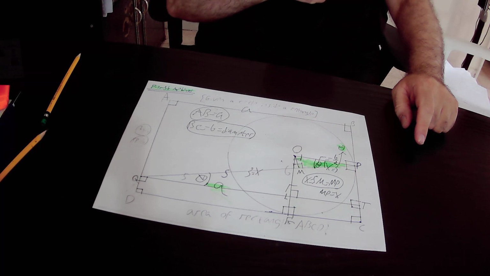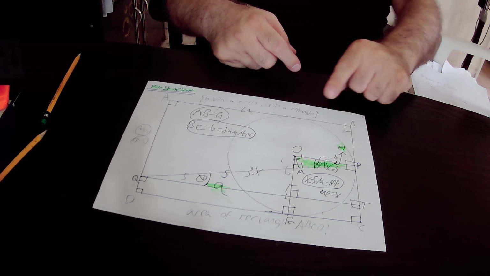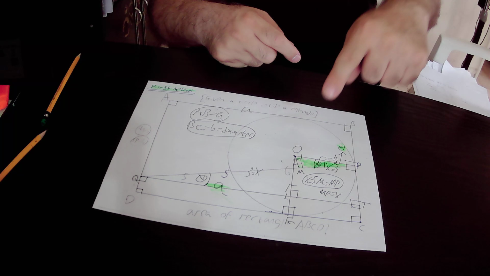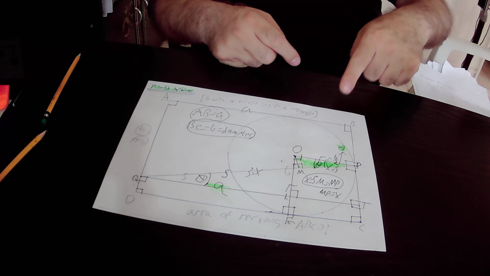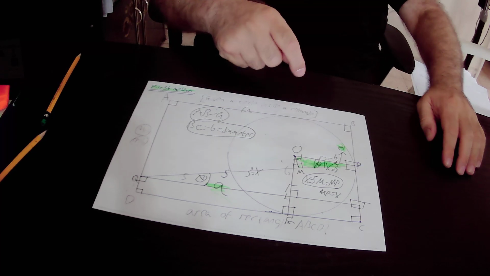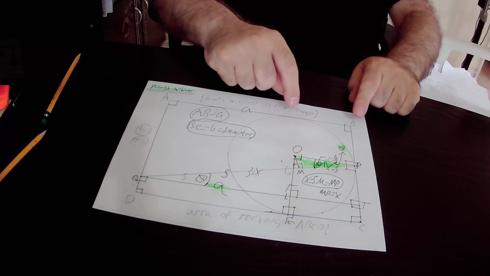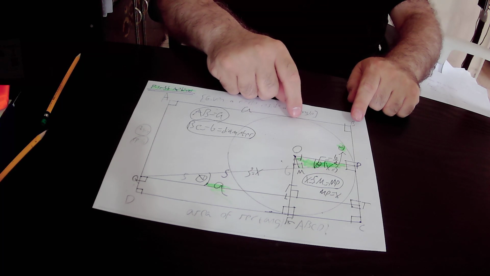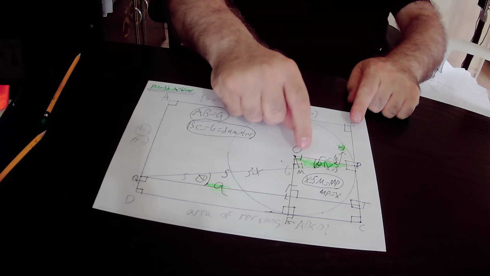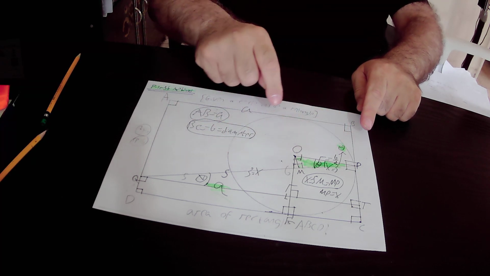Then I presented to you rule number 4. According to rule number 4, whenever you draw from the center of the circle a perpendicular to any chord, this perpendicular bisects the chord. So we have here perpendicular OM, and according to rule number 4, the perpendicular OM bisects chord SP, that is to say SM equals MP.